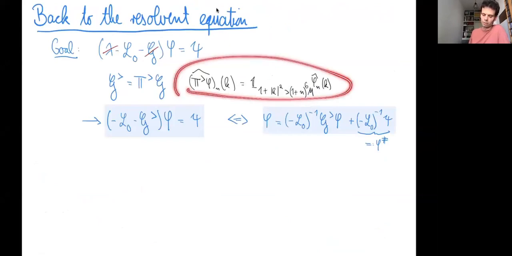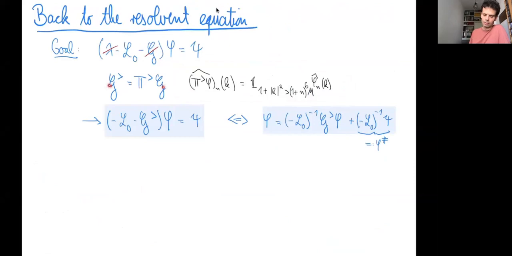Here I just recall what this operator is. So G upper is taking G and then projecting after that only on the large frequencies. And so then the sort of resolvent equation we get now, or Poisson equation actually, because lambda is now 0, would be this one, minus L0 minus G upper, acting on phi is equal to psi. And again, we can rewrite this.